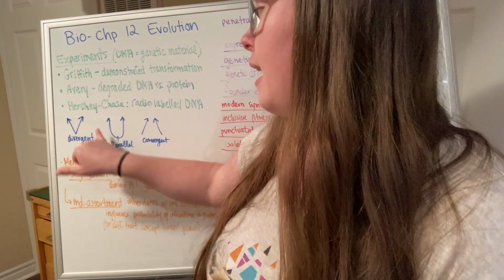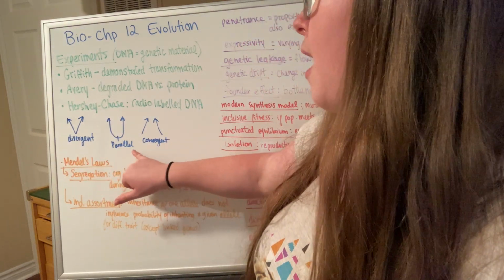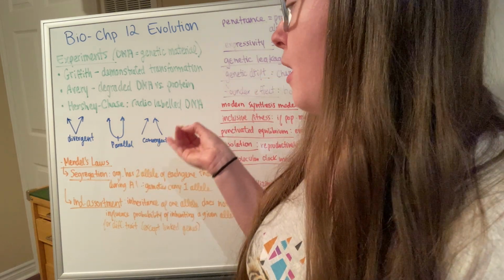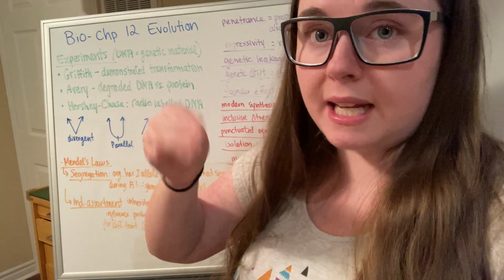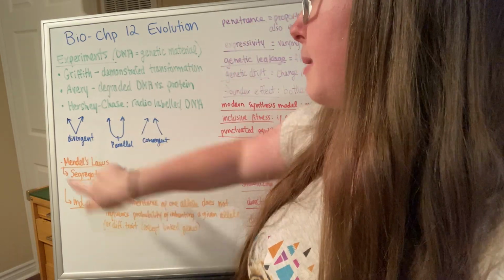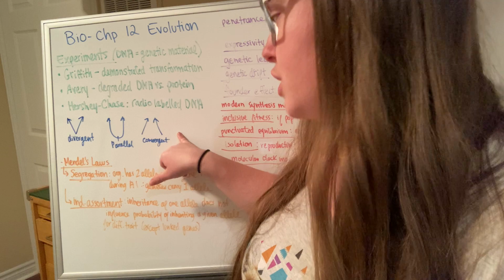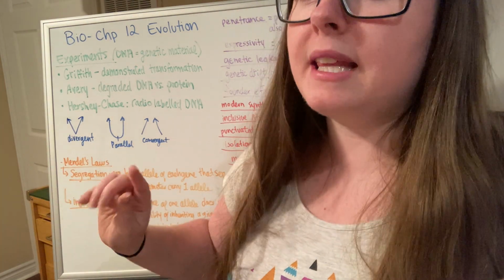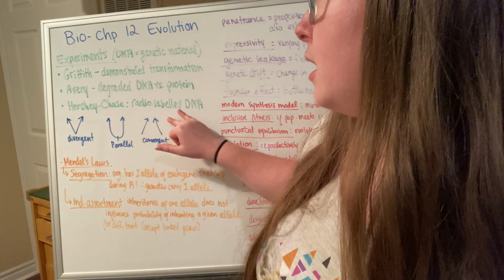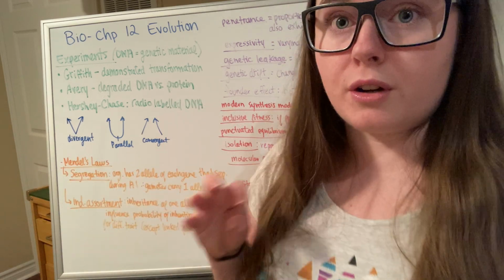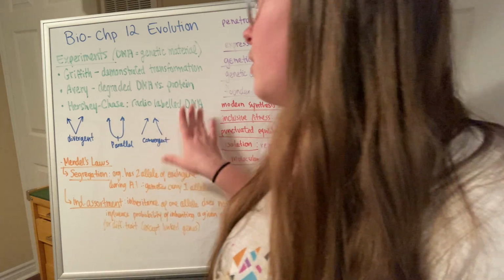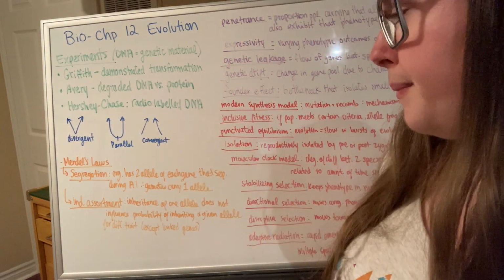Then we have parallel evolution, which deals with species that have a closer common ancestor compared to these two types of evolution. Then we have convergent evolution, where species start off as separate, but then they start evolving into having some similar characteristics based on the environment that they were both placed in. So those are just some things to watch out for.